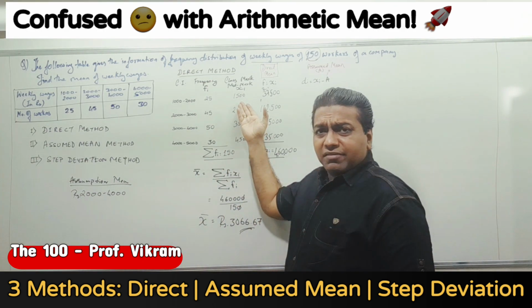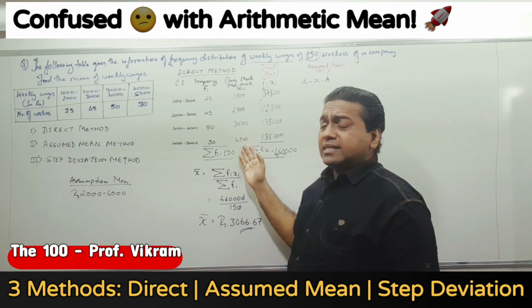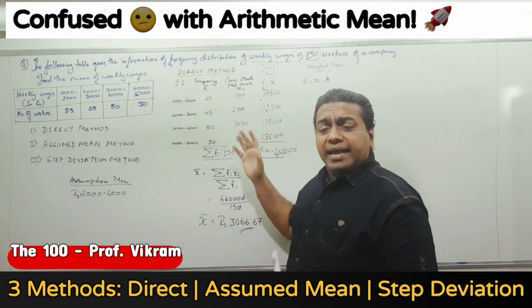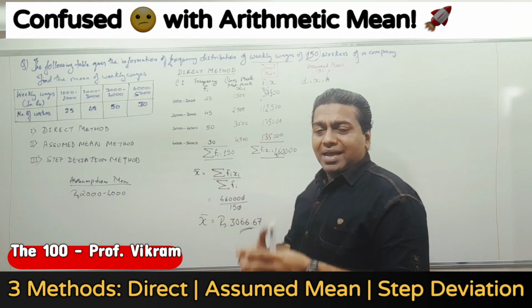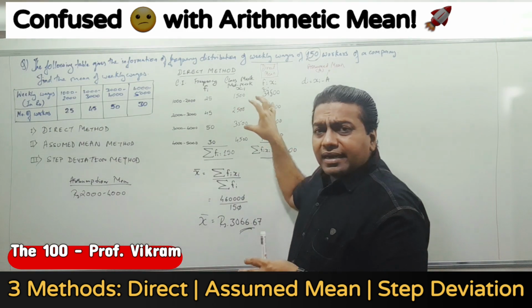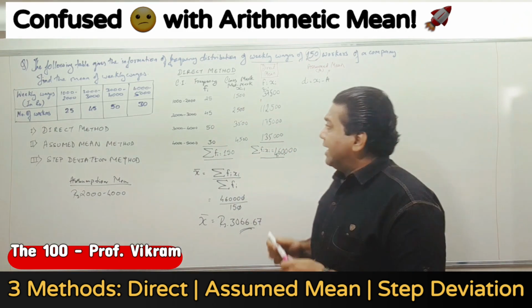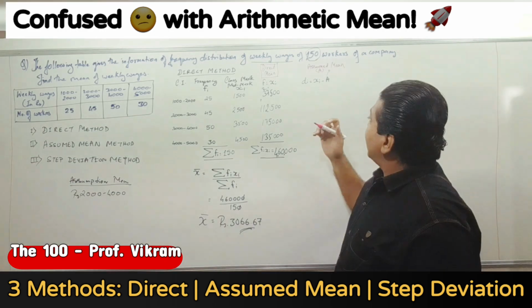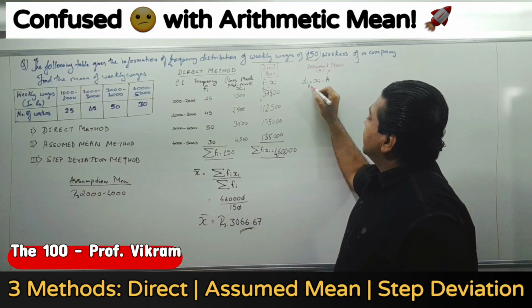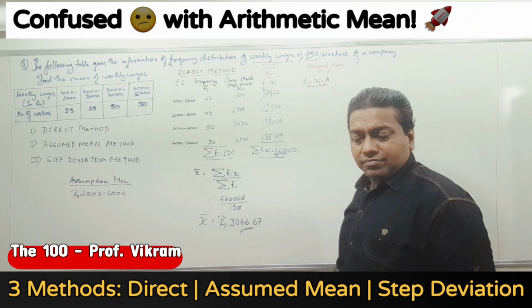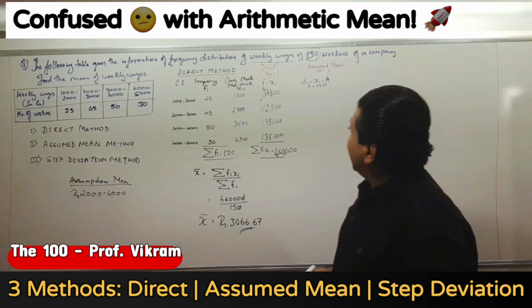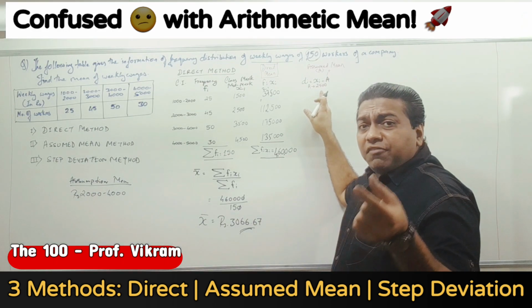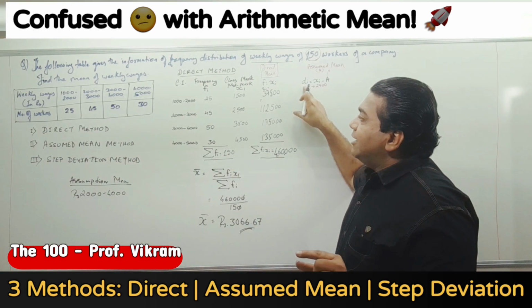You can take 1,500 as a, or 4,500, or 3,500, any one value. But to make the calculation easier, consider any middle value as the value of a. So let us take 2,500 as the value of a.